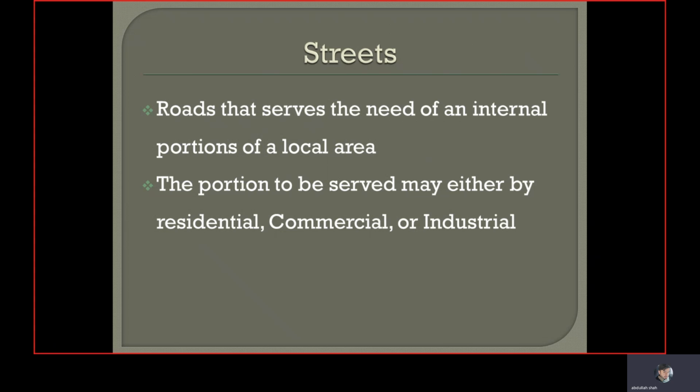Streets are usually designed on the basis of the purpose and the use of the portion to be served by the streets. Other factors such as commercial, social and other requirements of the residents are also taken into account while planning and designing a street.